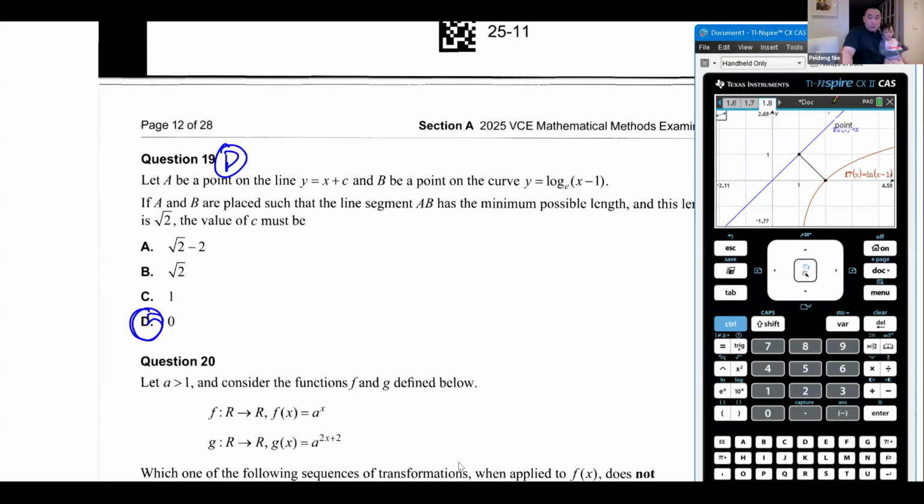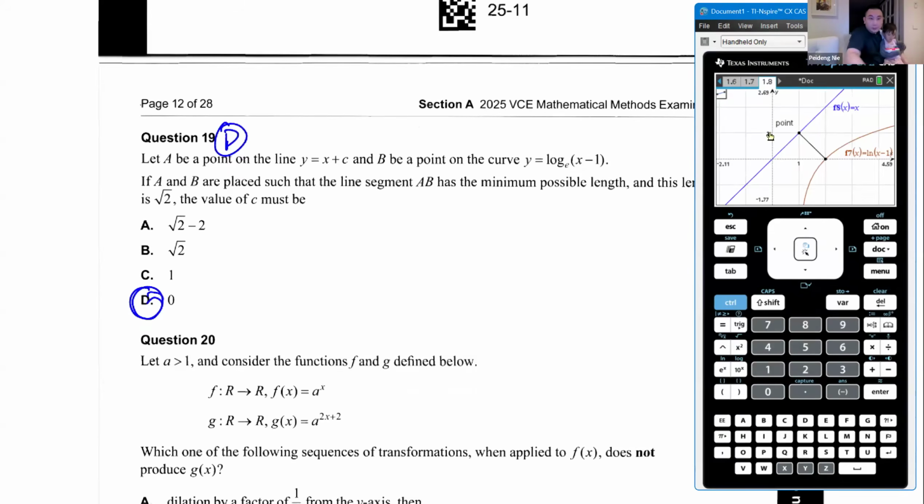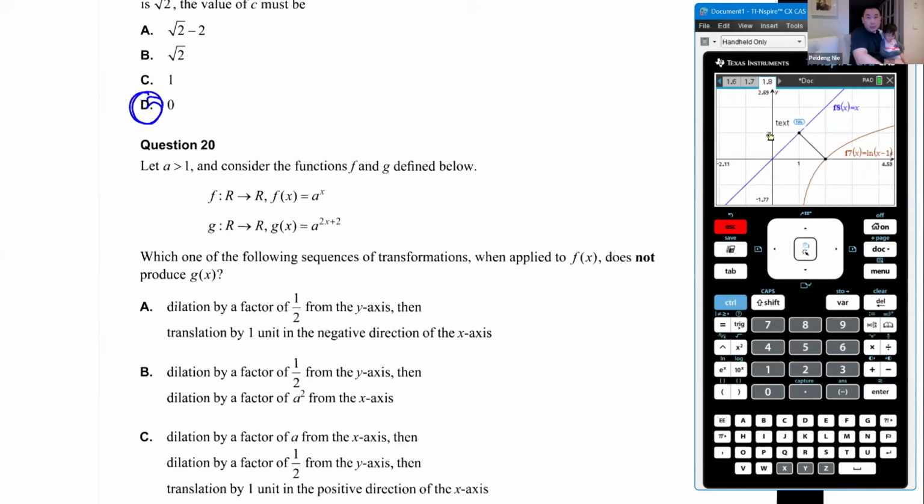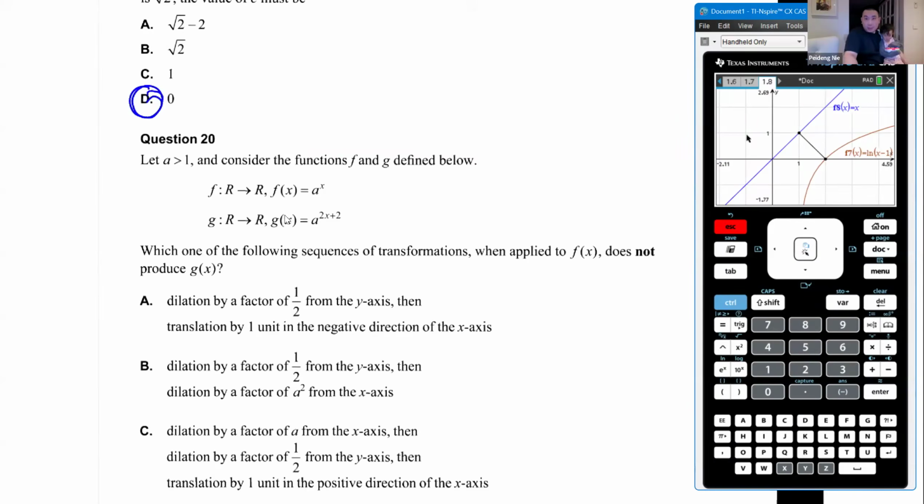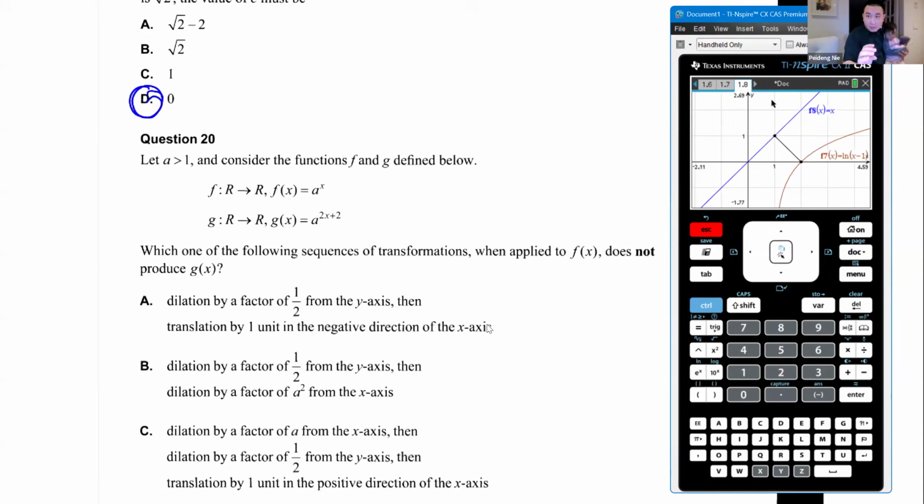The last question, question 20. Let me just take a closer look. We have two functions. f of x is a to the power x and g of x is a to the power 2x plus 2. We try to identify an option with the transformations not mapping f of x to g of x. So make sure you circle the word not.